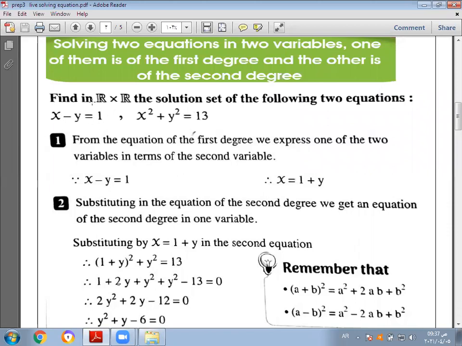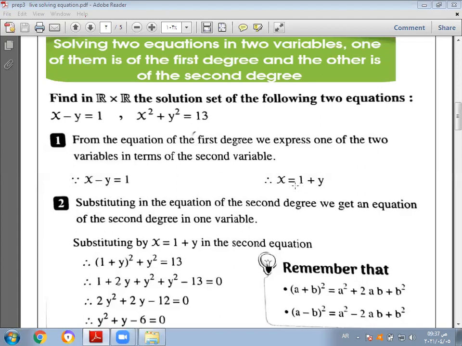How? We use the first equation, x minus y equals 1, and express it in terms of x only or y only. How? If x minus y equals 1, we can add y to both sides, and we express x equals 1 plus y.